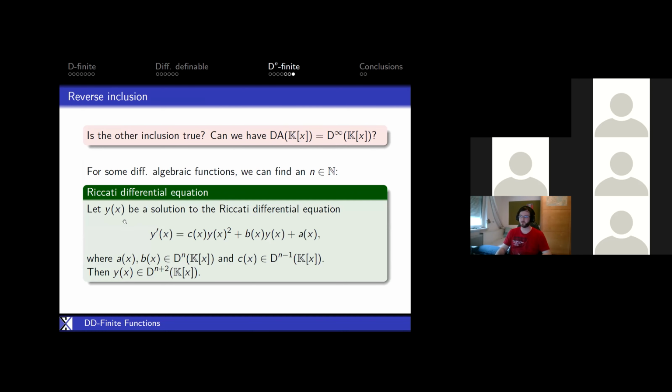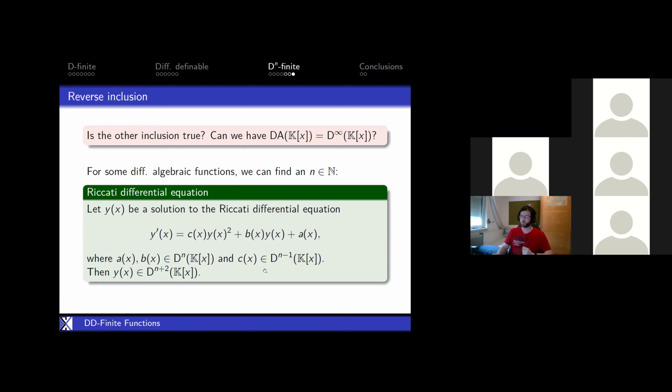For example, if you consider the Riccati differential equation, which is this nonlinear equation, y prime equals a polynomial of degree 2 in y, and you say that the functions a, b, and c are in suitable steps of the chain. So for example, a and b are D-infinite, c is D(n-1)-finite. Then you can prove, using the usual change of variables for the Riccati differential equation, that the solution is D(n+2)-finite.